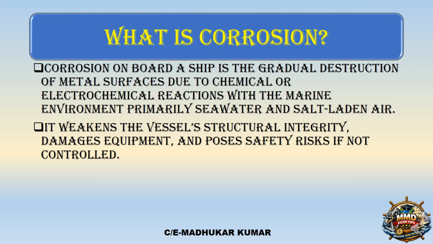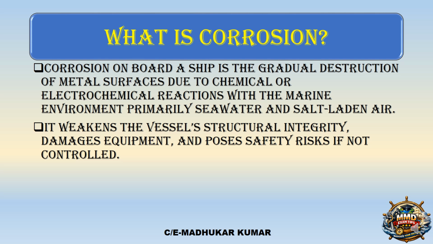But before starting the different types, first of all, I will just brief you on what exactly corrosion is. Corrosion on board a ship is a gradual destruction of the metal surfaces due to chemical or electrochemical reactions with the marine environment, and basically the environment is seawater or salt-laden air. So this is going to create corrosion. The final result is the destruction of metal, failure of material.